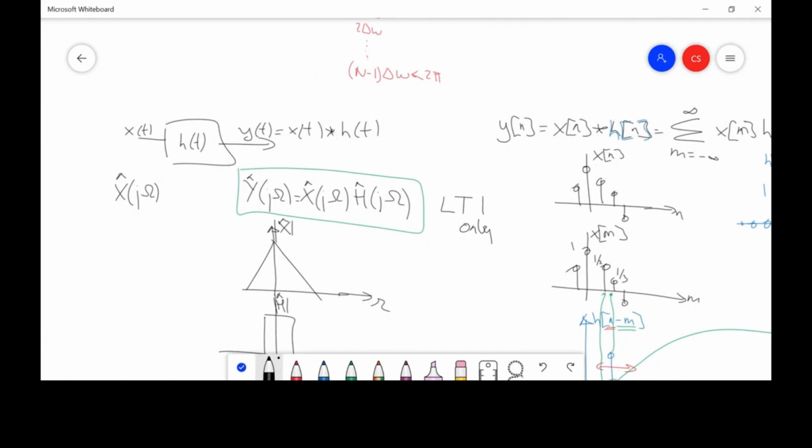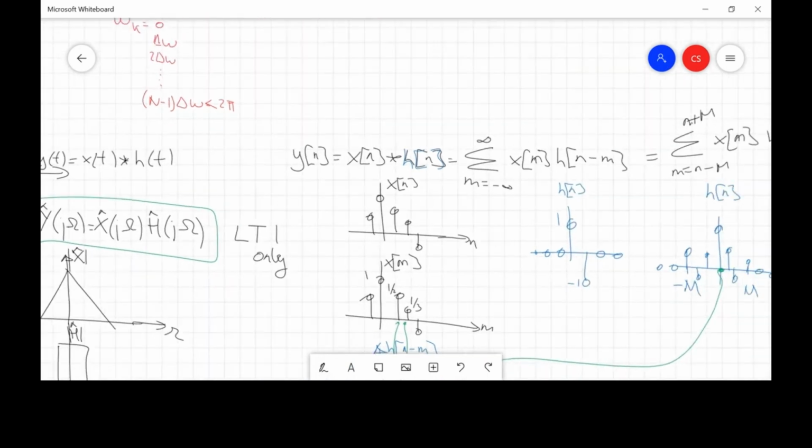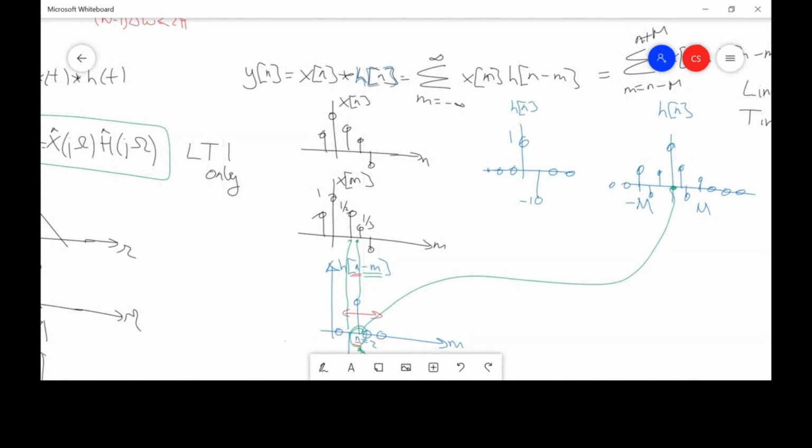Only. If it is not an LTI system, it is not true. So that means a convolution is you focus at a point, and the output at that point will be a linear mixture with some weights given by h of the neighborhood of that point. And those weights don't change over time or over space. They are all the time the same.